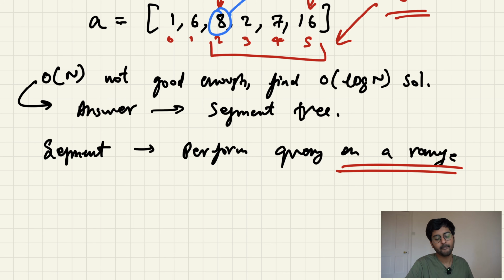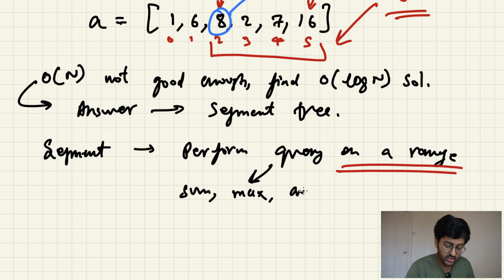I'm answering that now. When you are given a question that works on a range, like performing a function or a query on a given range. That can be anything: sum of all the numbers in the range, maximum item in the range, average of the range, minimum item in the range, product of all the numbers in the range, and so on and so forth.